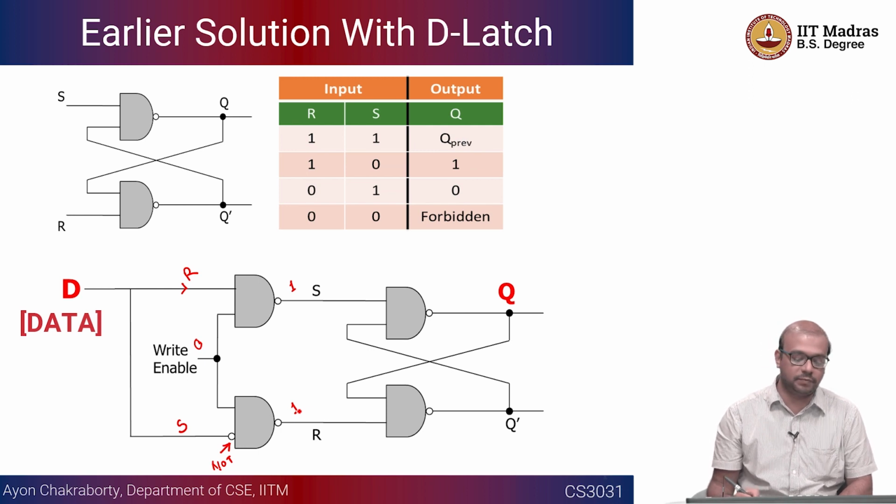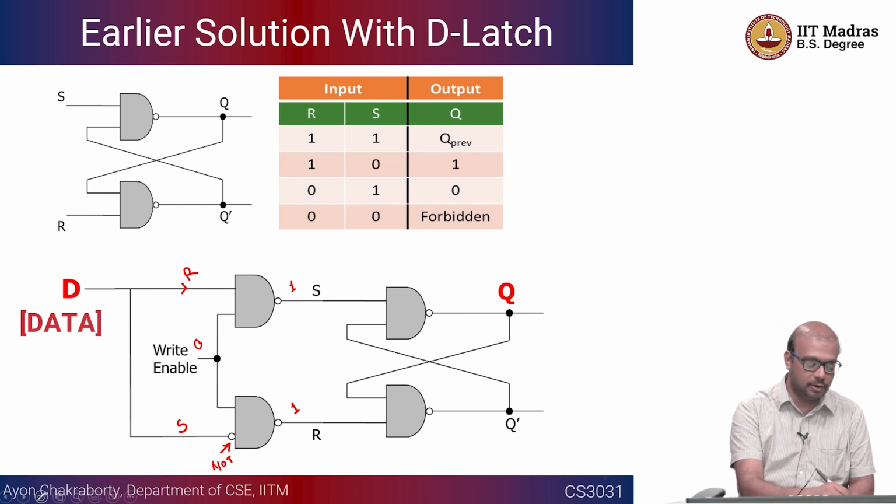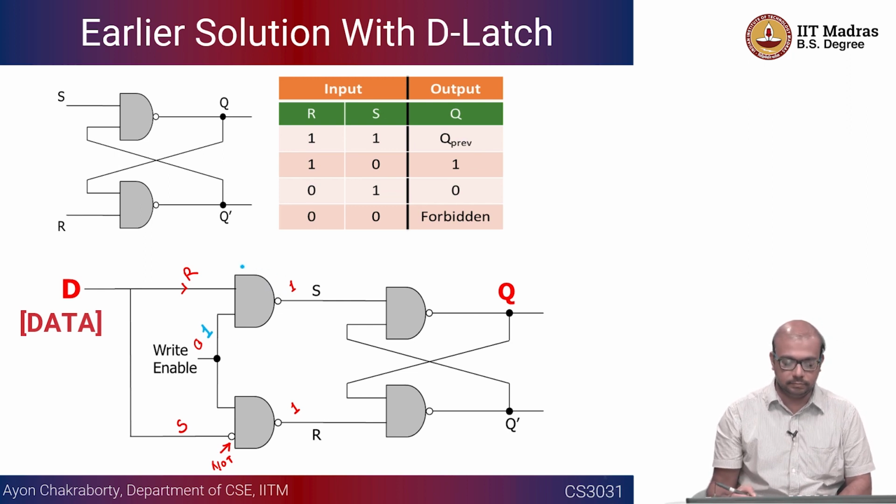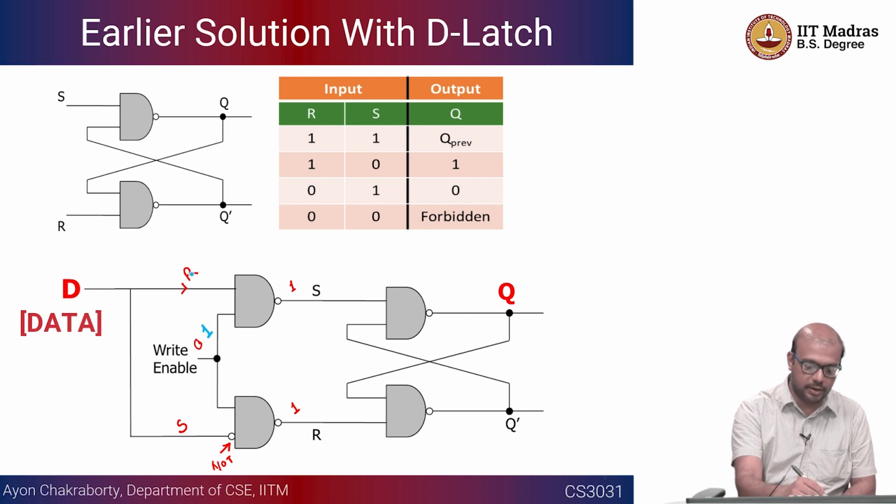Okay. Whereas if you put write enable equal to 1, in that case it is going to purely depend on the values of R and S. Or on the top we are using S as the notation, so we'll put it S because this one is reflected as S, this one is R. This will be S bar because this is a NAND gate, right?